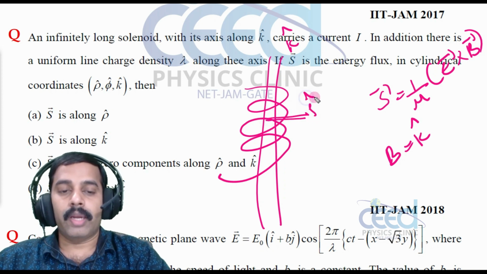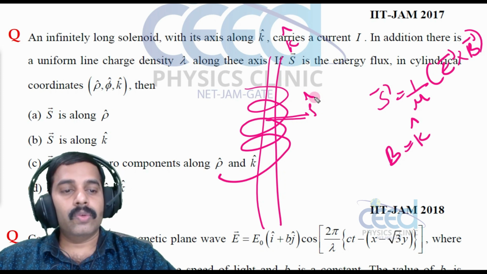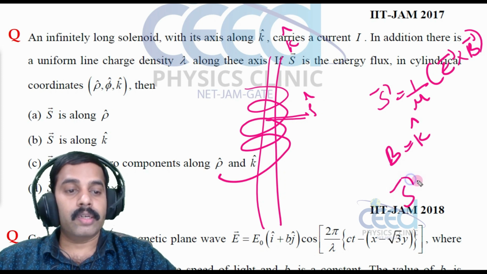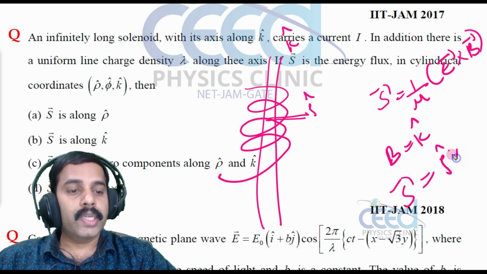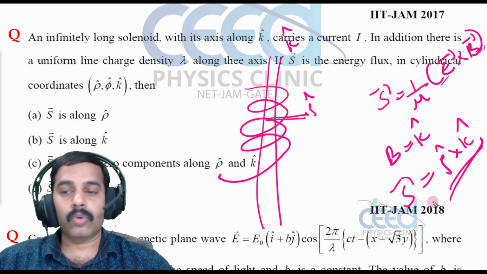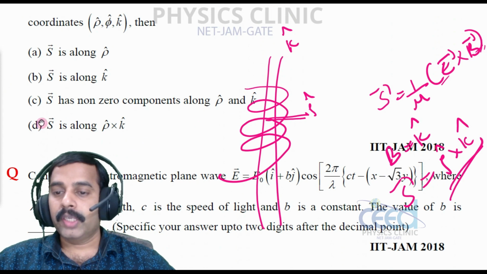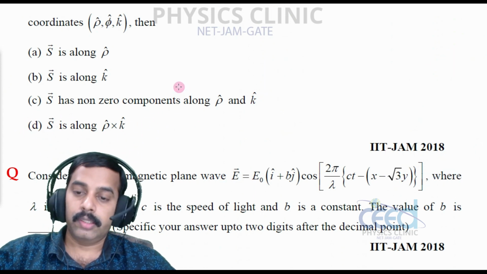So that is rho cap. So what is the direction of pointing vector? E cross B direction is rho cap cross k cap. So which one is the option? Option D is correct, right? All right. Option D is correct.